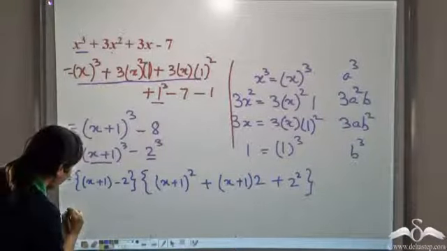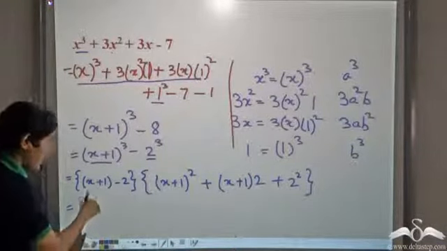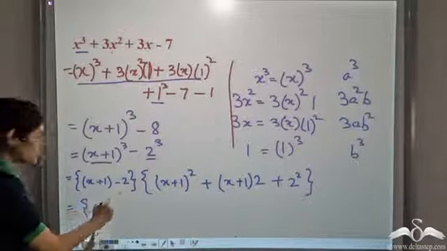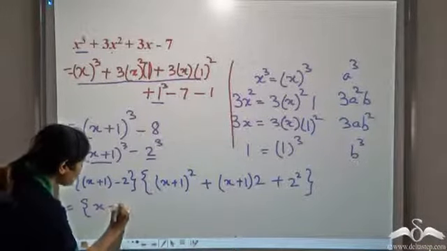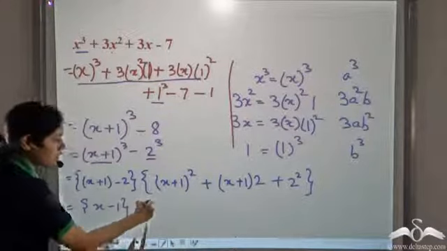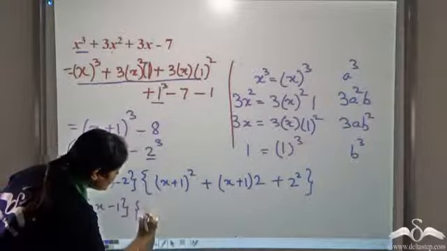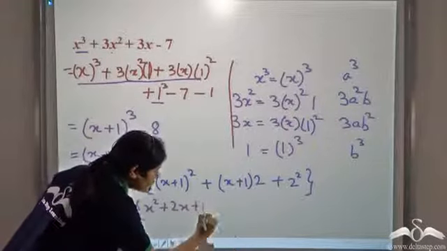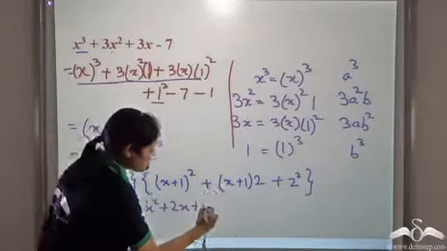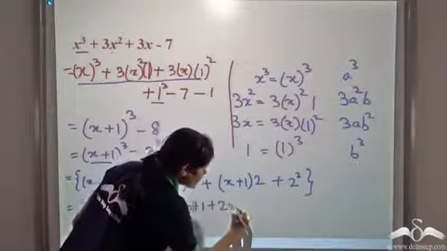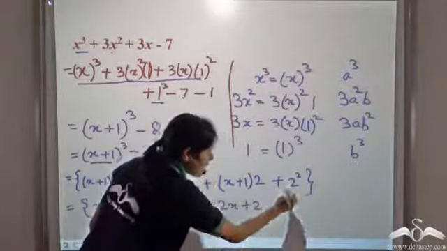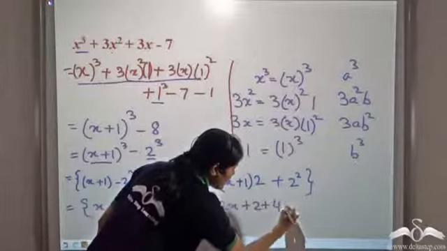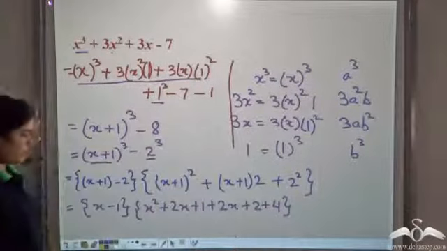Now let us simplify it. x plus 1 minus 2 gives us x minus 1. x plus 1 whole square is x square plus 2x plus 1. 2 into x plus 1 is 2x plus 2. Again we have plus 2 square, which is 4.